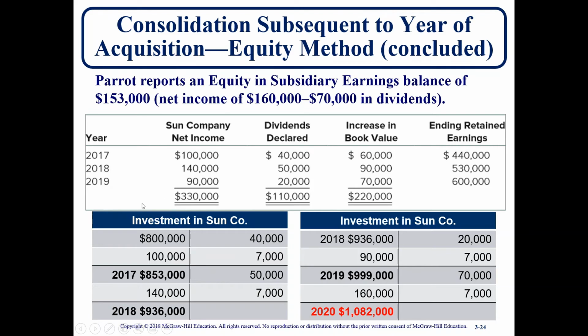So we have a breakdown of the investment in Sun Company account from inception on January 1st, 2017 through the end of 2020. So we can see the ups and downs. The net income of Sun Company has increased this account over the years. The dividends and amortization have decreased the account over the years, ending with a balance of 1,082,000.